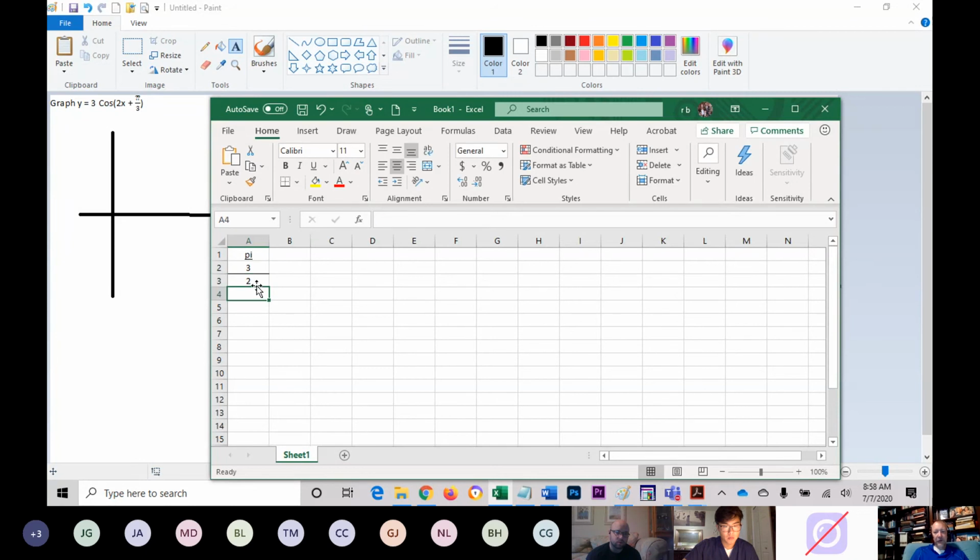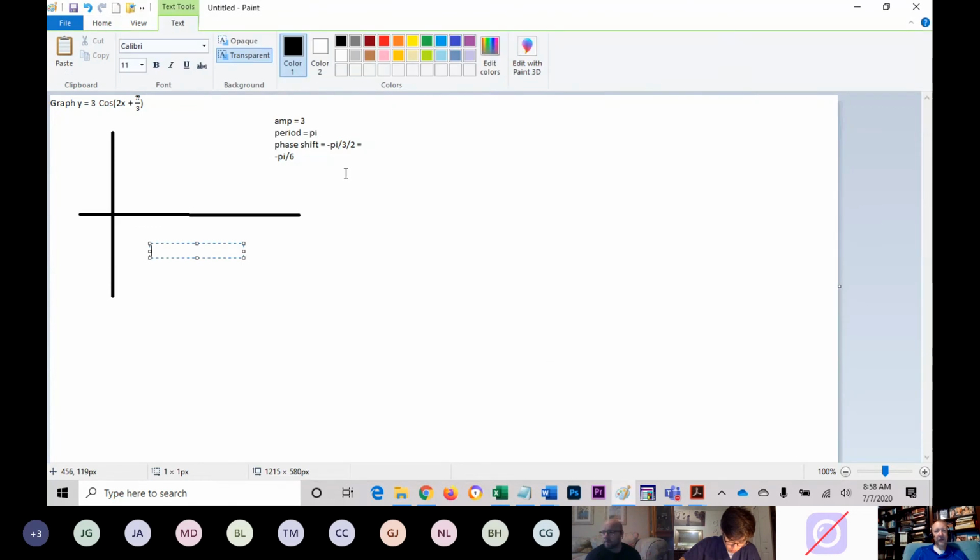So 2 can be written as 2 over 1, right? Yeah. Okay. So when you've got a fraction divided by a fraction, we need to multiply by the reciprocal, which is going to be 1 over 2. And so now you've got pi times 1, which is pi, and 3 times 2, which is 6. That makes sense? Yeah. Okay. I ignored the negative, but you've still got the negative there. So your phase shift is going to be negative pi sixths.